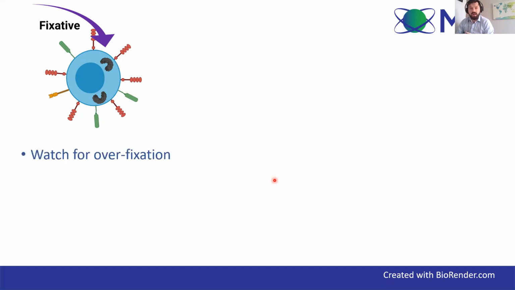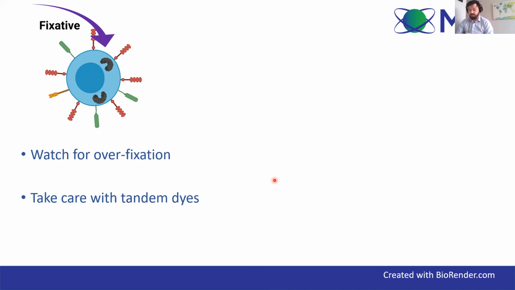The next thing is to make sure that you are taking care when using tandem dyes. We mentioned tandem dyes at the very beginning, for example, PE-Cy7 or APC-Cy5.5. They're really useful for expanding the number of markers that you can use. But you need to be careful because the acceptor dye, like the Cy7 or the Cy5.5, can end up being knocked off with hard treatment, such as fixation.